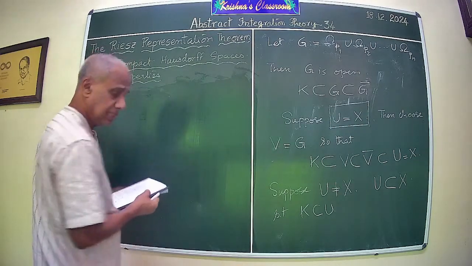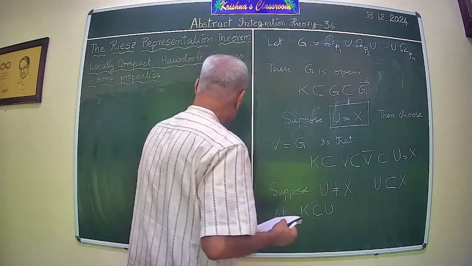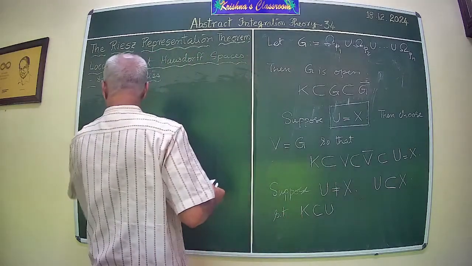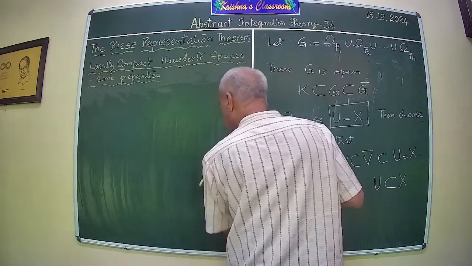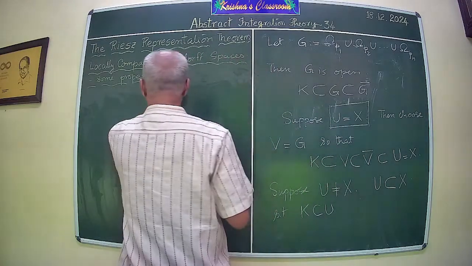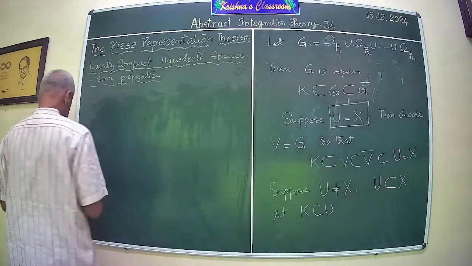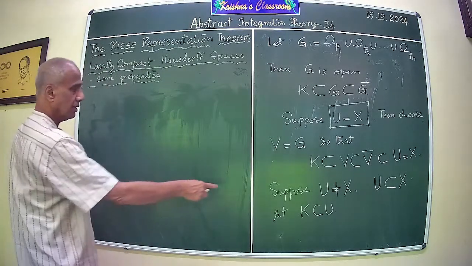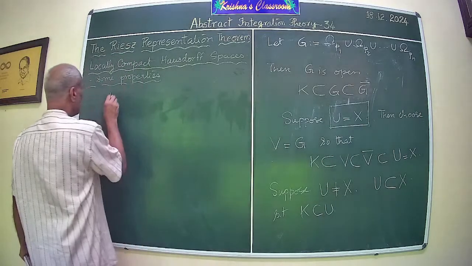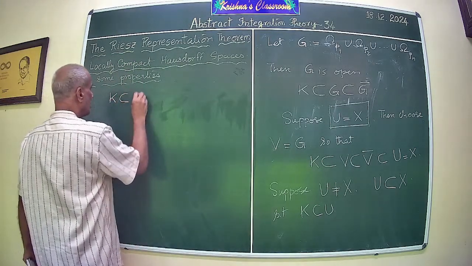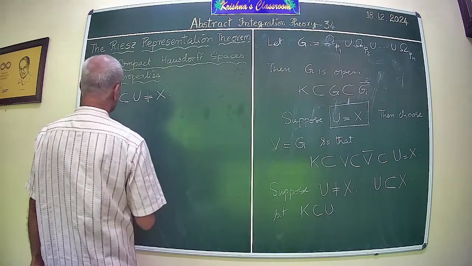So the scenario is the following: K is contained in U, and U is not X. This is open.